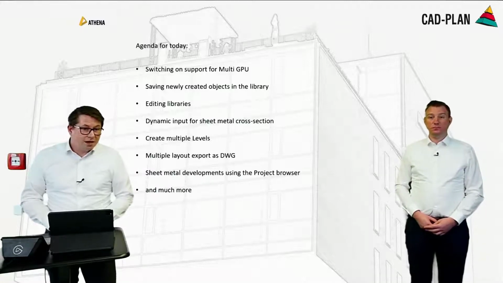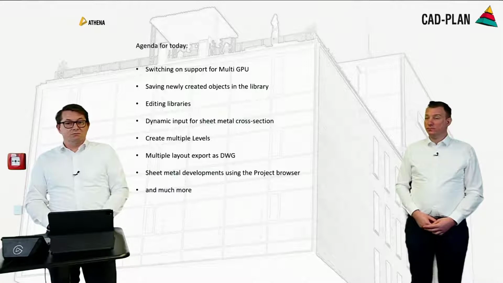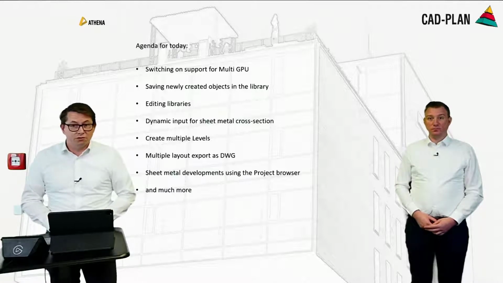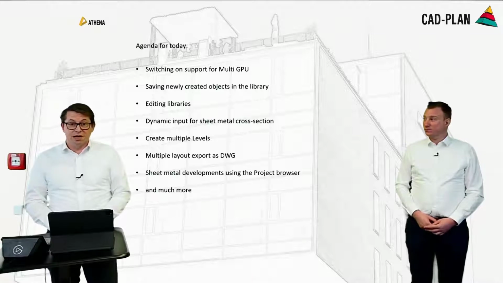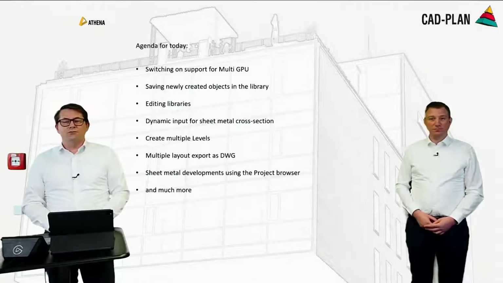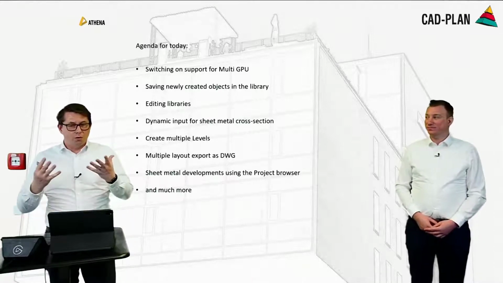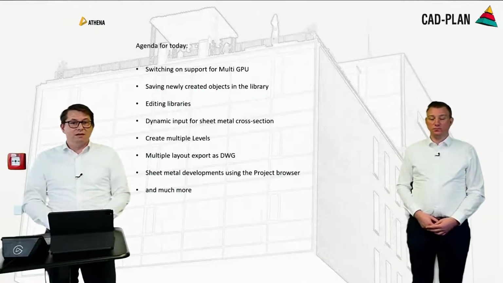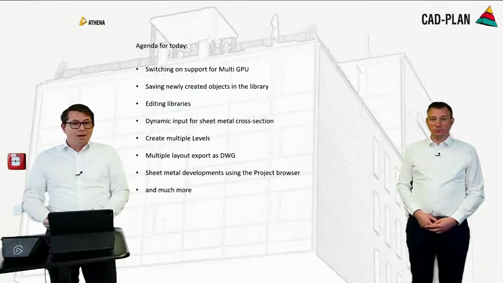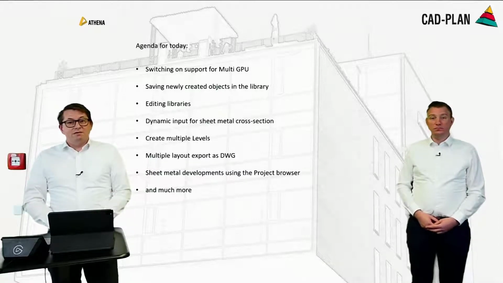Then create multiple levels. Create a section for several floors or stories, and the dimension reference fits automatically. It's really nice. And this is a function that comes from a wish from our customers, from you. Thank you for that. Now it's implemented in ATHENA. Multiple layouts export as DWG.